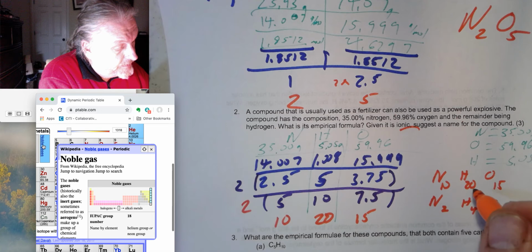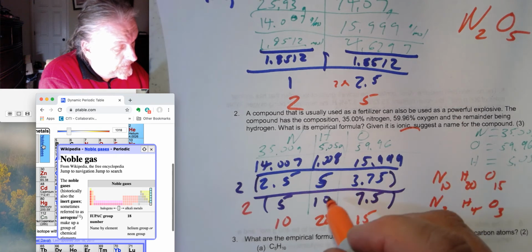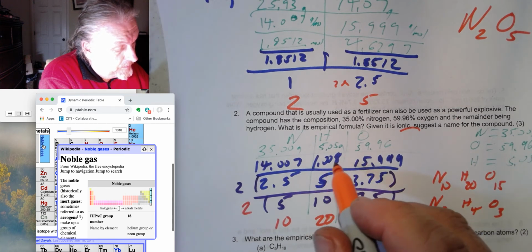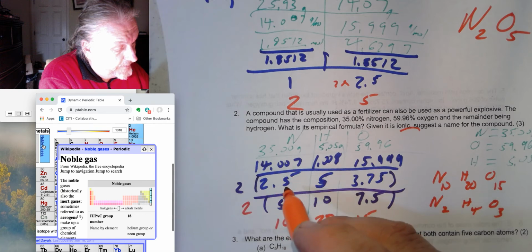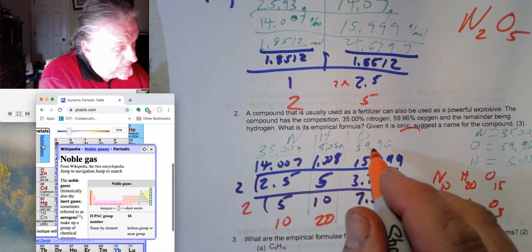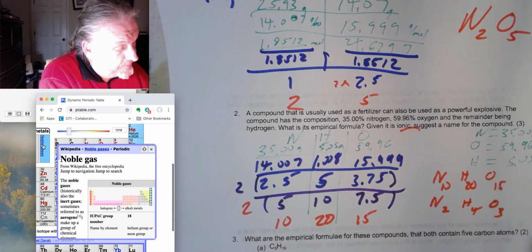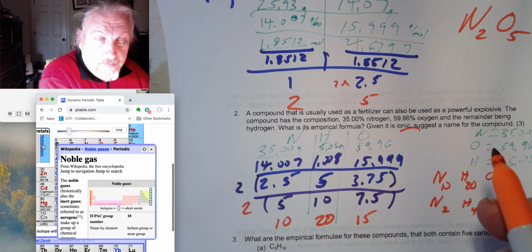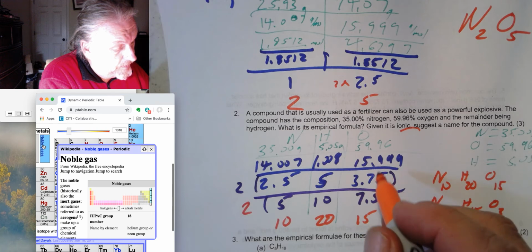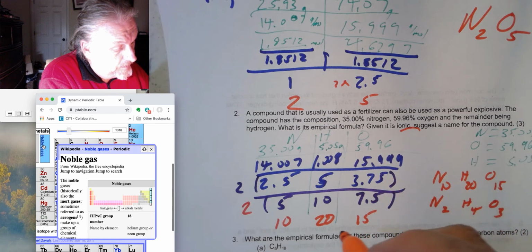H10, 5, 2.5, 7.5. It's a whole number ratio.